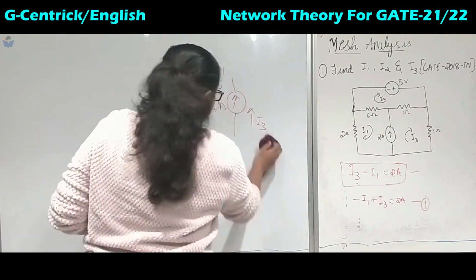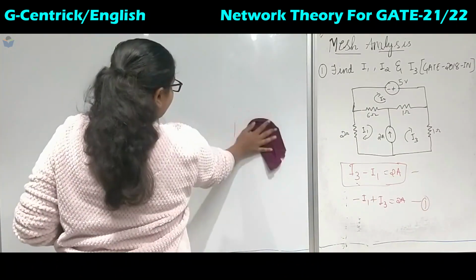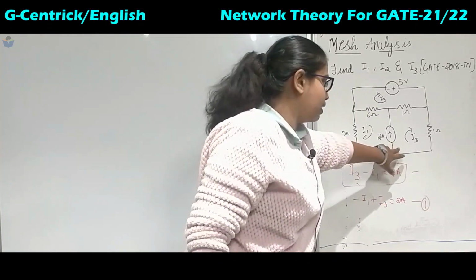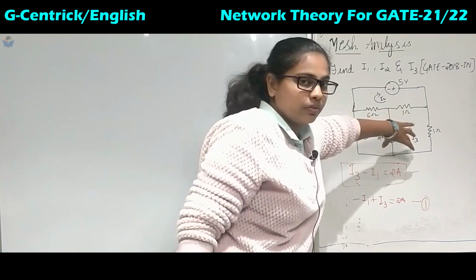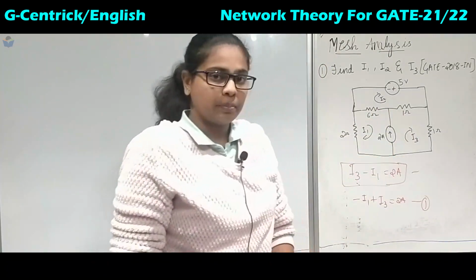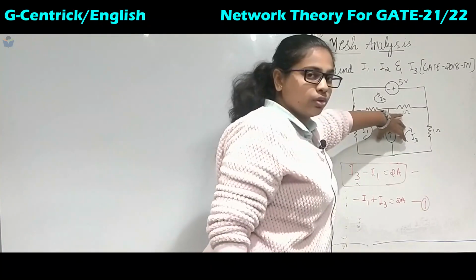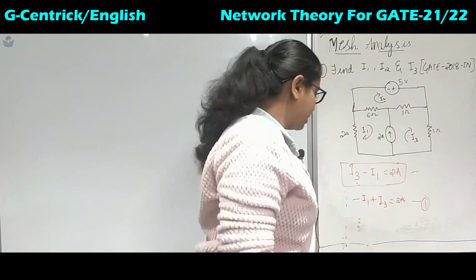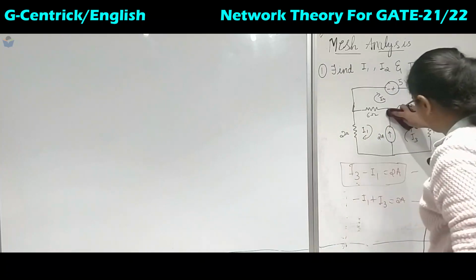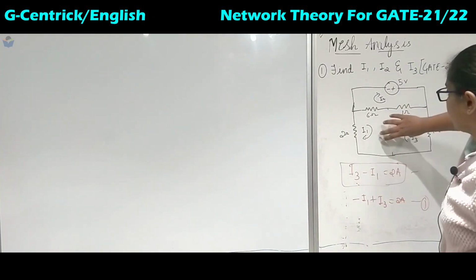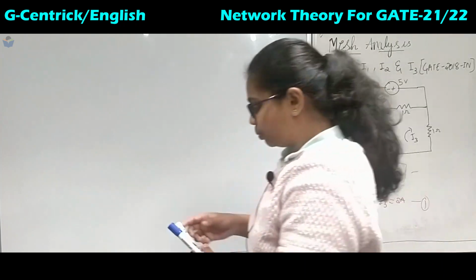Next, the second step is the super mesh concept. Whenever an ideal current source comes in between two meshes, it is called the super mesh concept, so you have to write the equation for both the meshes simultaneously. If I erase this part, then you can combinedly write the equation for loop 1.